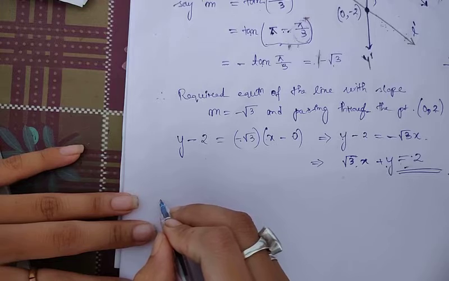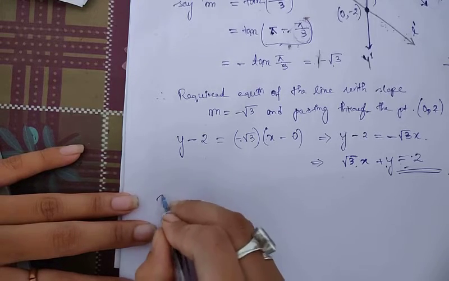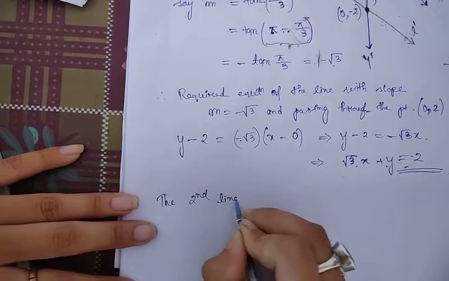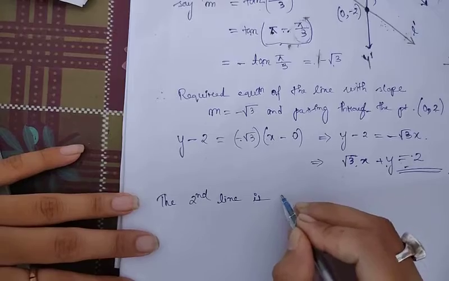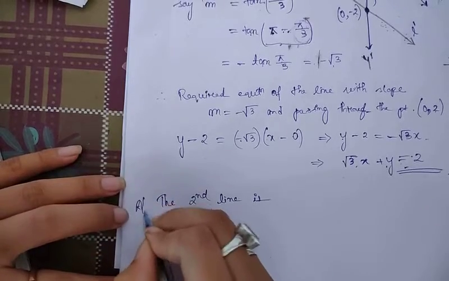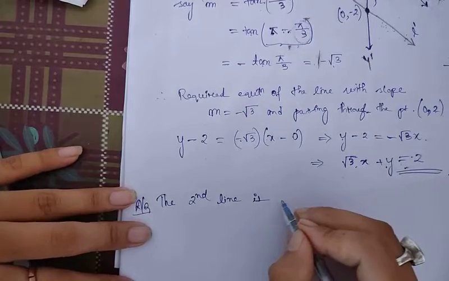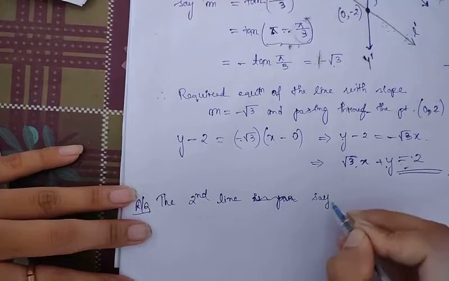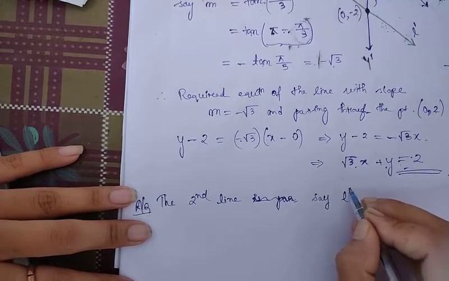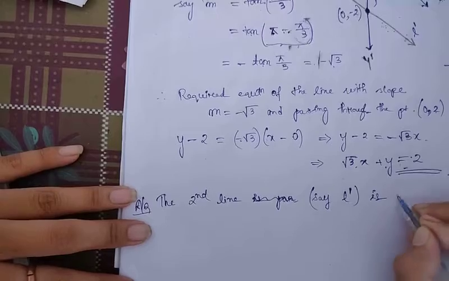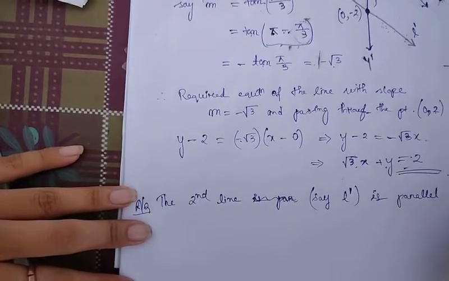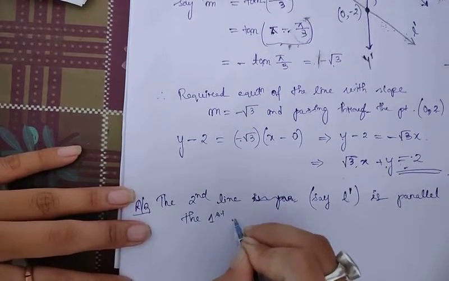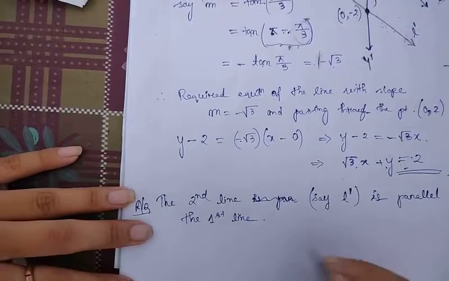Given the line, the second line, say we name it L dash, is parallel to the first line.